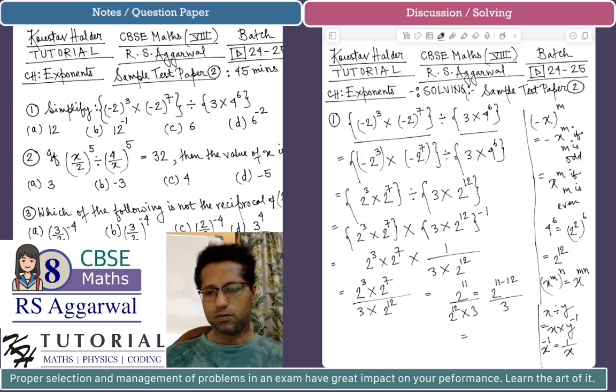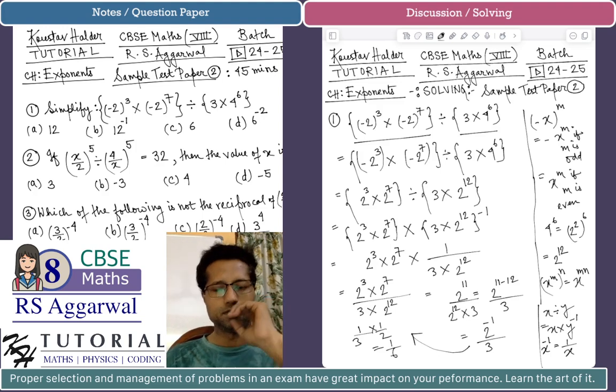This is equal to 2 to the power minus 1 divided by 3, and this is equal to 1 by 3 multiplied by half. This is equal to 1 by 6. I am getting 1 by 6, but there is no such choice.